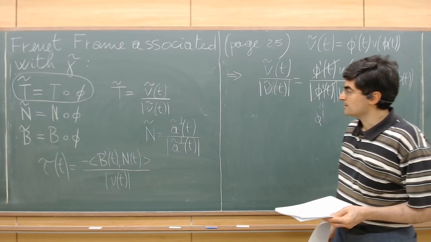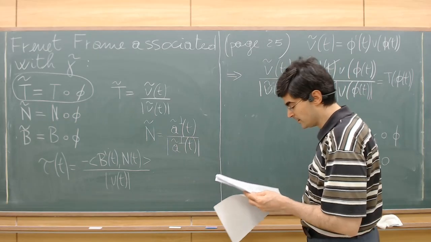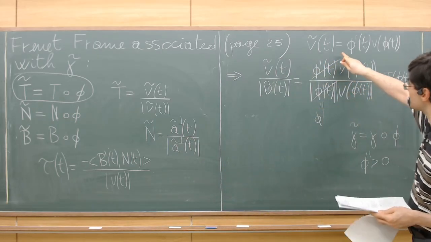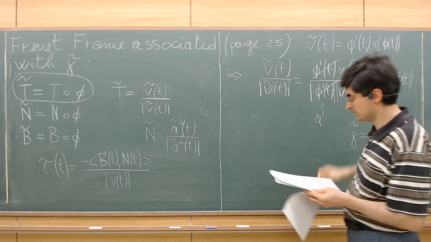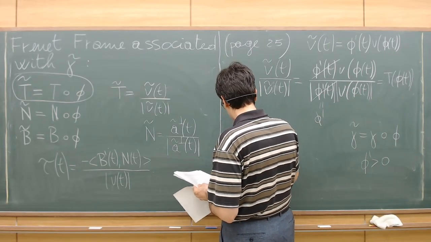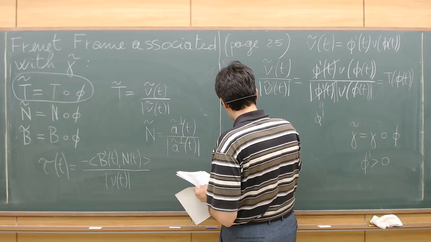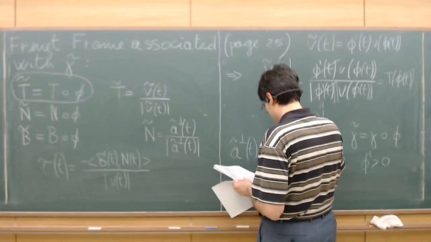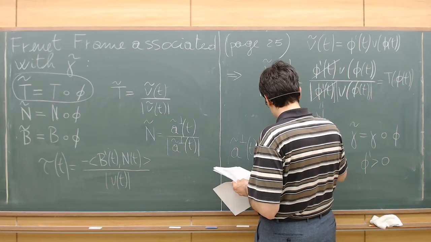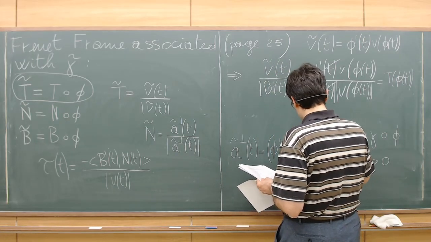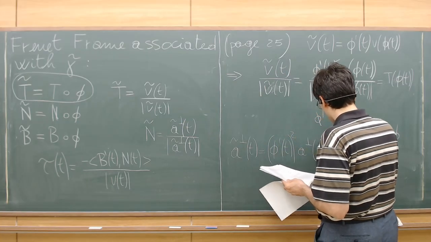Also for the acceleration, we know that there exists a formula somewhat similar to this one. Precisely, we proved in the past that A tilde orthogonal of t is equal to phi prime of t squared times A orthogonal of phi of t.